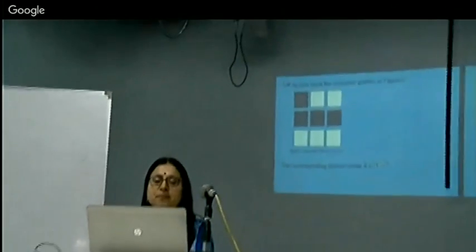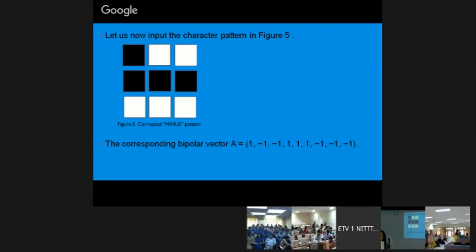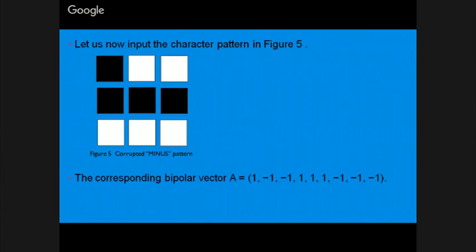So let's see, say this is the input pattern. This pattern is a corrupted pattern of C minus. In C minus, the first and third rows were blank and in the second row all the elements were filled. So for this pattern, the bipolar vector that we get is 1, -1 for the first row.